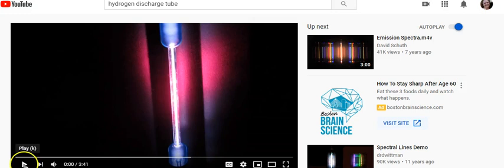This is hydrogen gas that has been put in a discharge tube, an evacuated tube, and then it was just turned on like any regular lamp, okay? And what this person is going to do is put a diffraction grating on this discharge tube. So watch what happens.